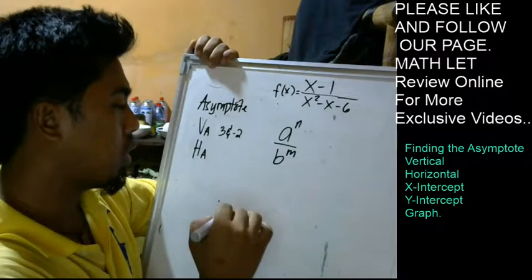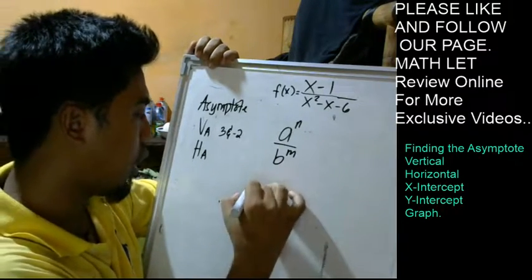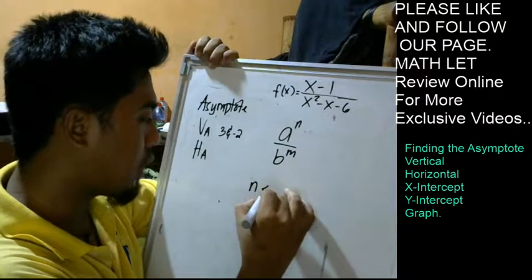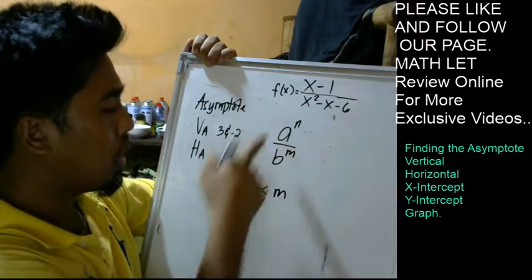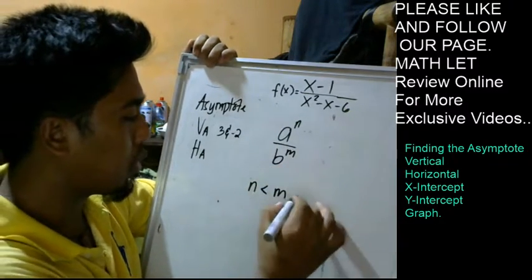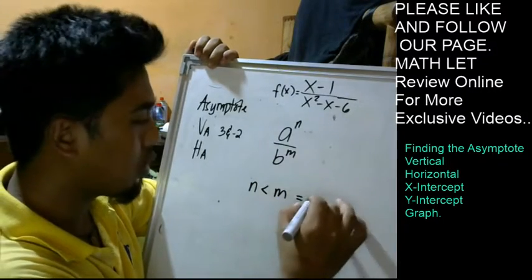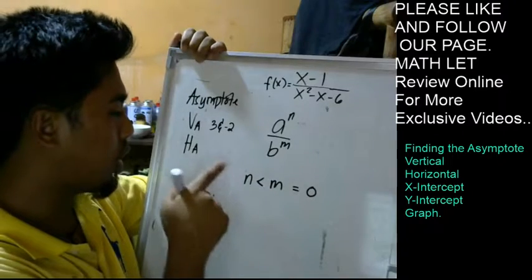So the first condition: if n is lesser than m, meaning the exponent of the numerator is lesser than the exponent of the denominator, then our horizontal asymptote is 0. Now that's the first condition.